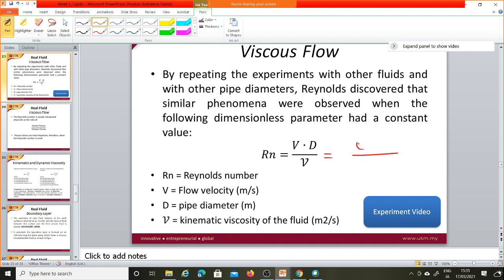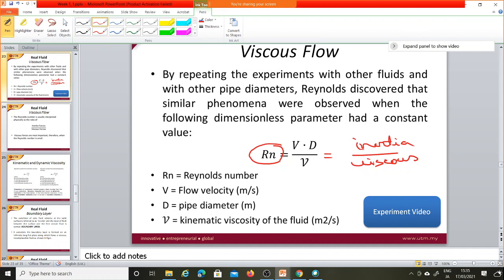This one is inertia, and we have the viscosity. If you consider this ratio, the inertia force divided by the viscous force, we can express it as a number. We call this the Reynolds number.